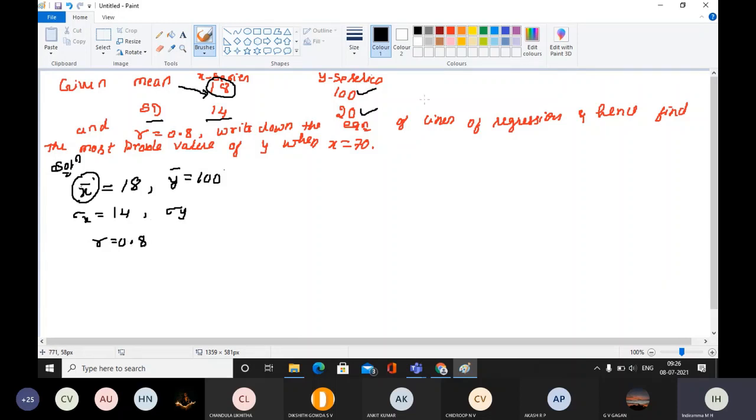What we have to find? Regression lines. So what is the formula to find the regression line, if you know x bar, y bar, sigma x, sigma y and r?